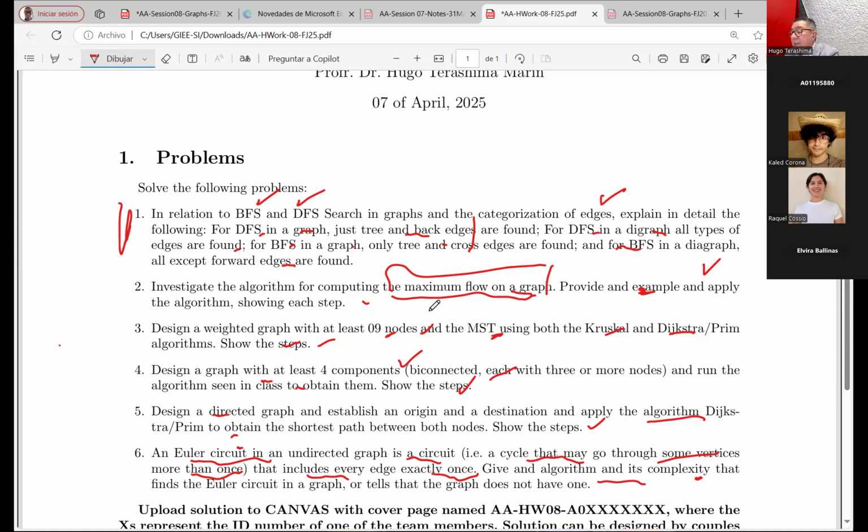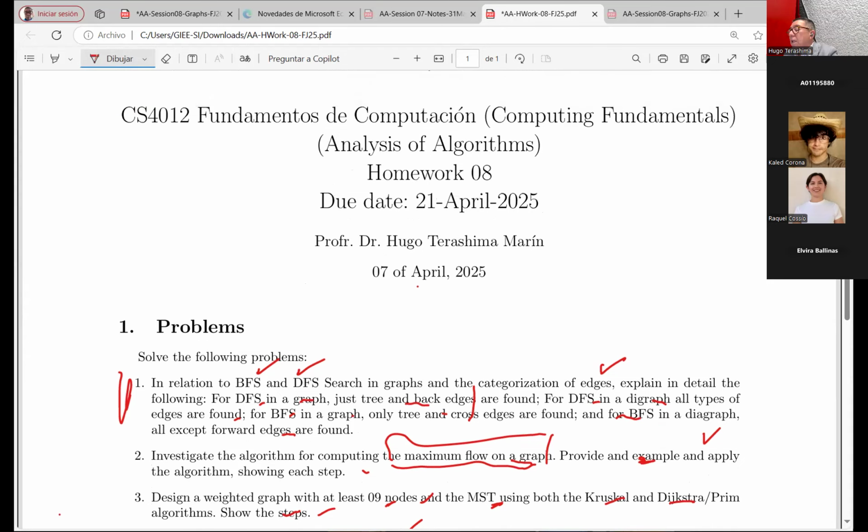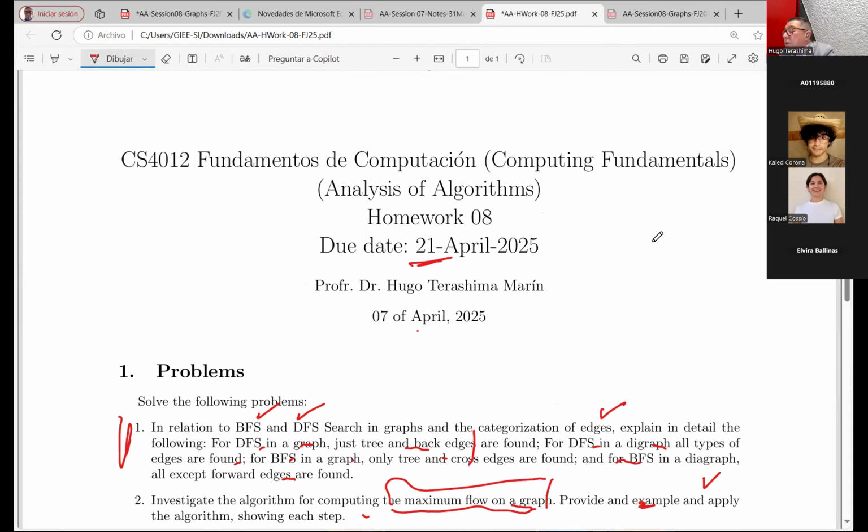Remember, I think I stated the date as Monday, just coming back from holidays, from Easter, but the actual submission date is, I think I put it there like the 20th of May, the 21st or so.